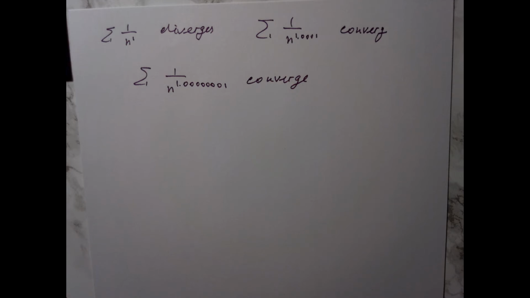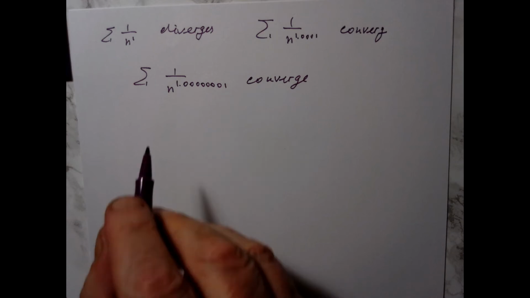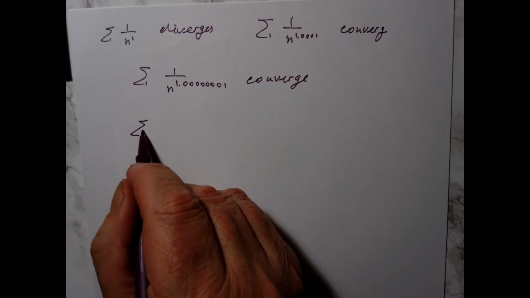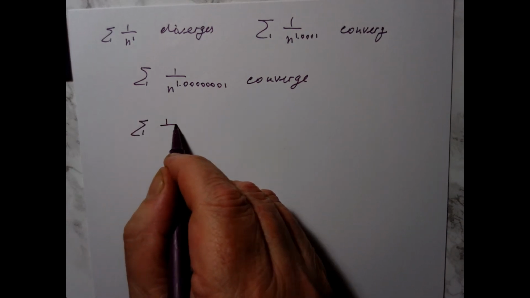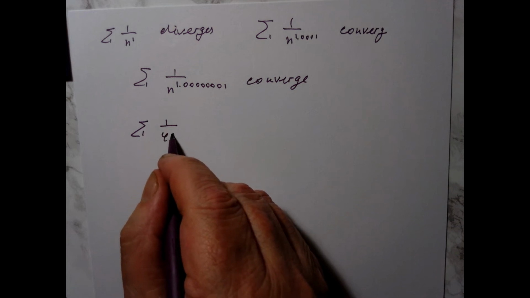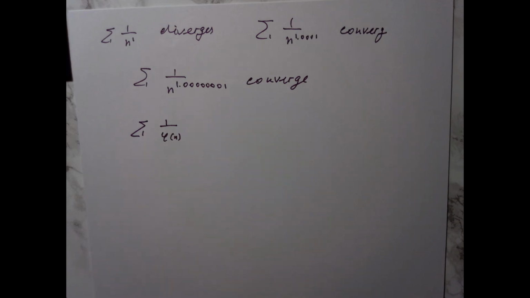Okay, so here is a question. Is it possible to write a sum of 1 over something that depends on n, and that something that depends on n will tend to infinity a little bit faster than n?